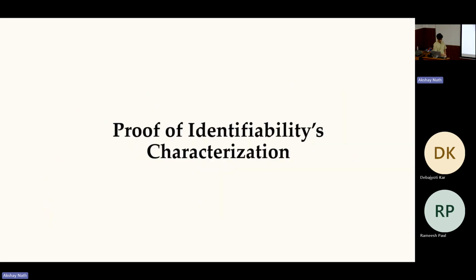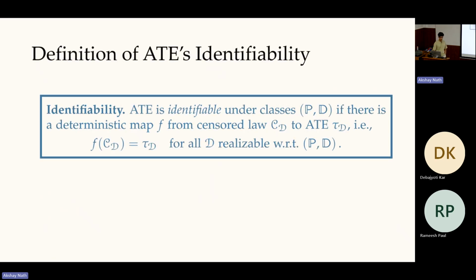Okay, so now I'll slowly go over the proof of our identifiability characterization. I'll not go into the quantitative version of it. Before that, I just want to be on the same page about what I mean by identifiable. This is the strongest definition of identifiability I can come up with, strong in the sense that the learner has the most power.